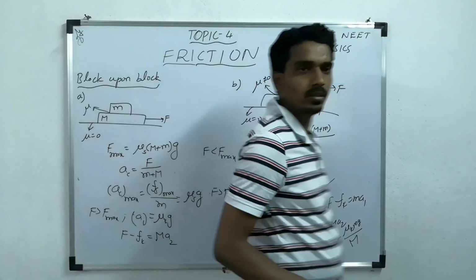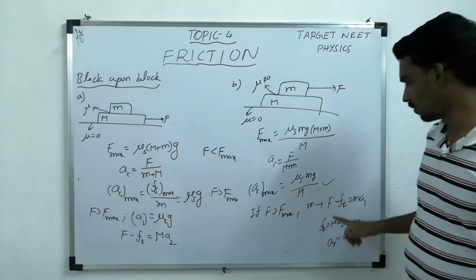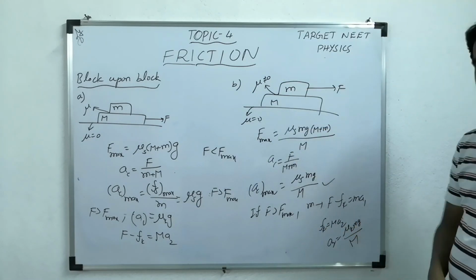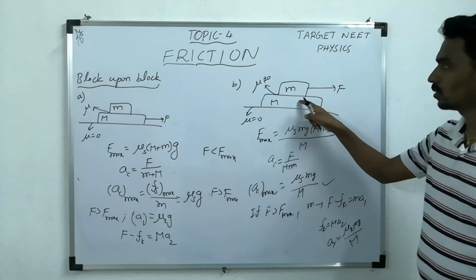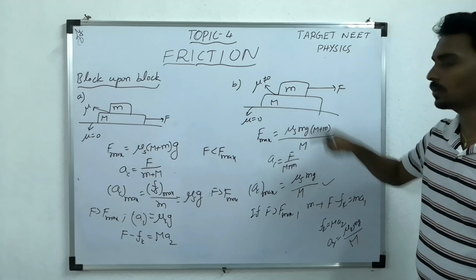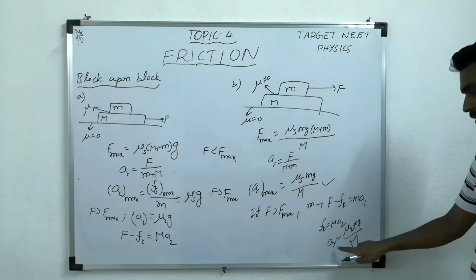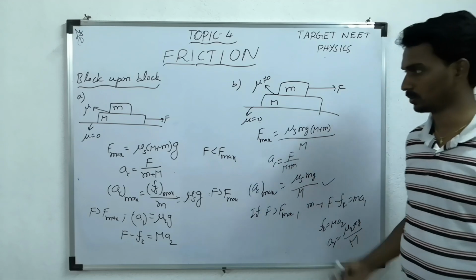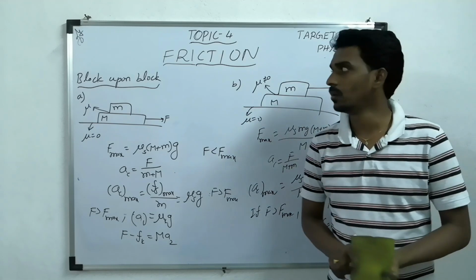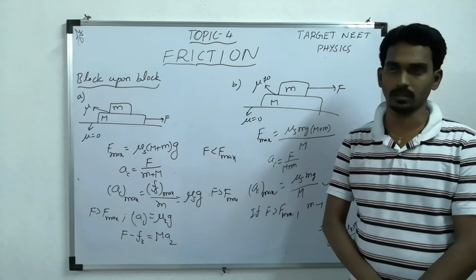Similarly here, F minus Fk equals m a1. But this one is moving just because of kinetic friction, so its acceleration is kinetic friction by mass. So this is all about simple block upon block questions.